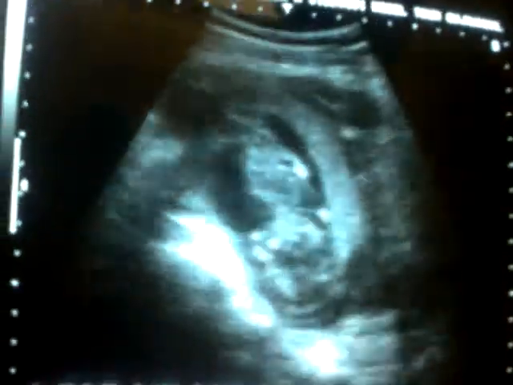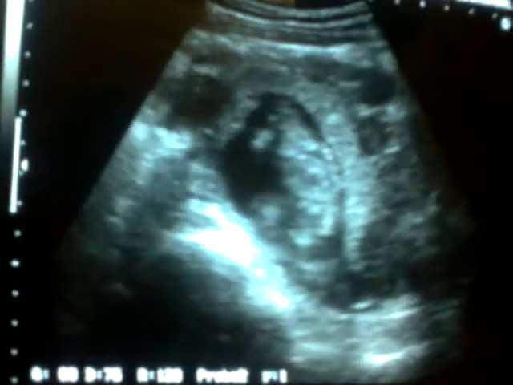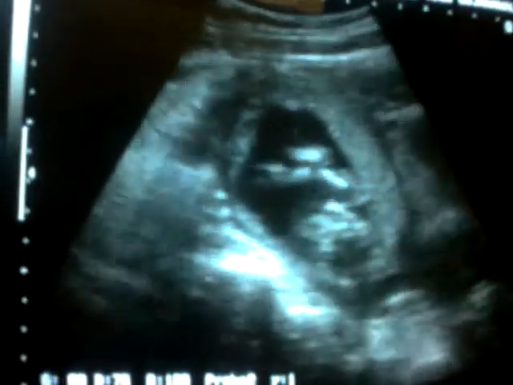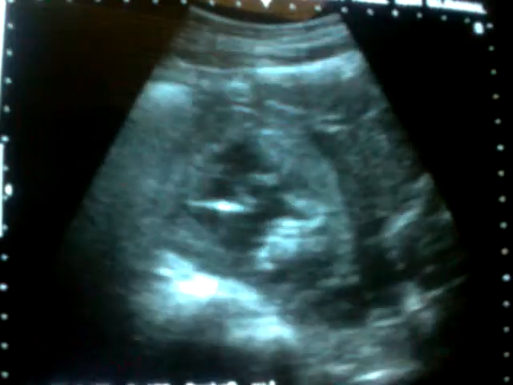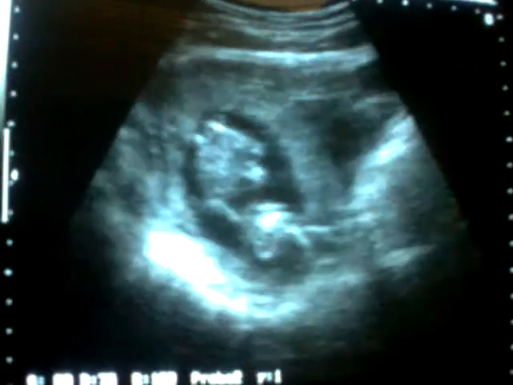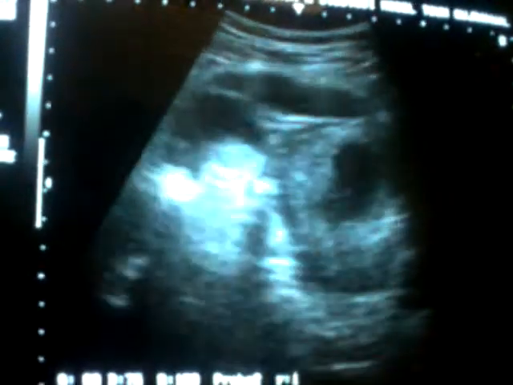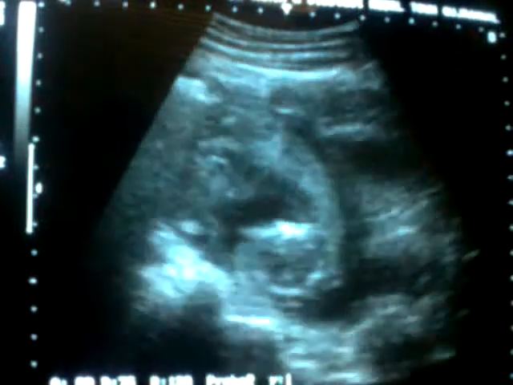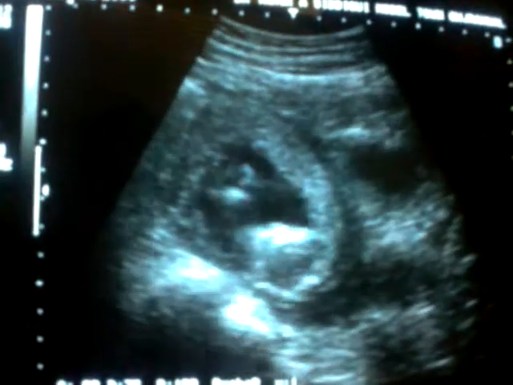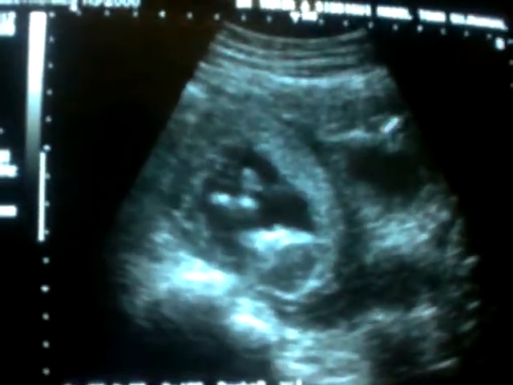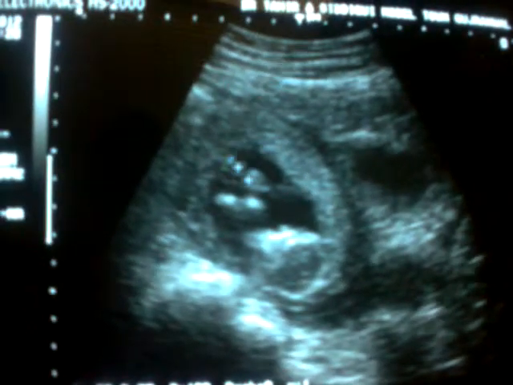There you see, this is sac number 1, the gestational sac. You can see this is the urinary bladder. And these two are the gestational sacs. This is one, this is the second.